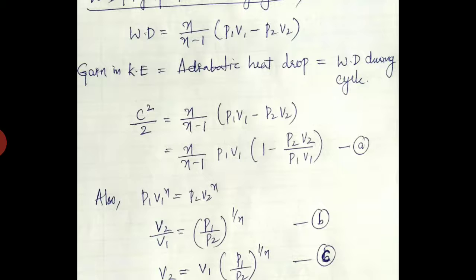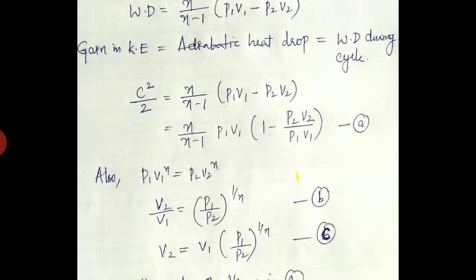So gain in kinetic energy is equal to adiabatic heat drop, which is equal to work done during the cycle. So therefore, that is C2 square, otherwise you can take it as V2 square also. Because lots of V1 and V2 will be coming here, to differentiate between them I have taken C2 here. C square divided by 2, because it is a kinetic energy.